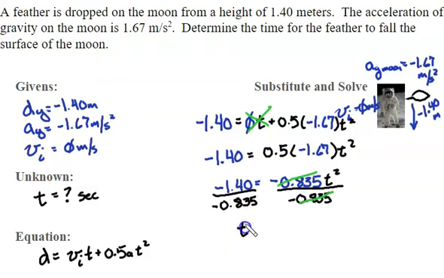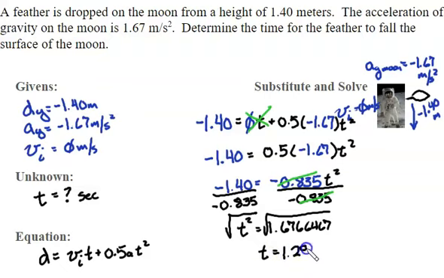When I do this, I get t squared equals 1.67666467. And in order to get rid of the square, I do the opposite. I take the square root of both sides. This means that time equals 1.2946 seconds.